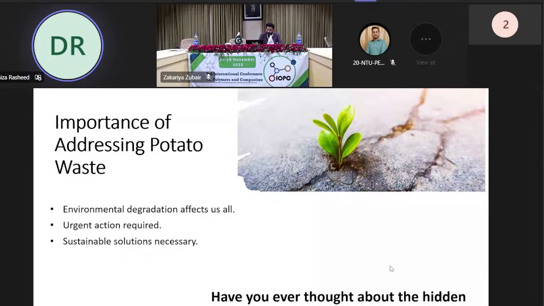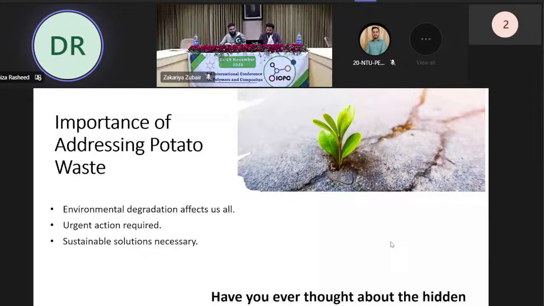So we thought of using this bio-based waste for the production of materials. Have you ever thought about the hidden potentials of the potato peel?